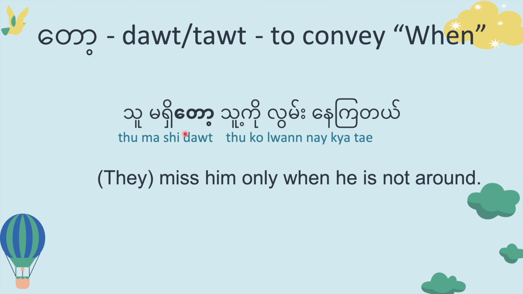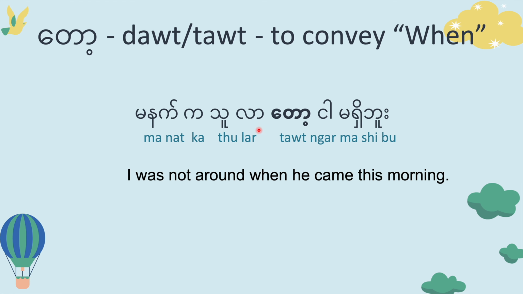မနက်ကသူလာတော့ငါမရှိဘူး. မနက် means morning. က indicates time. သူ means he or she. လာတယ် means to come.